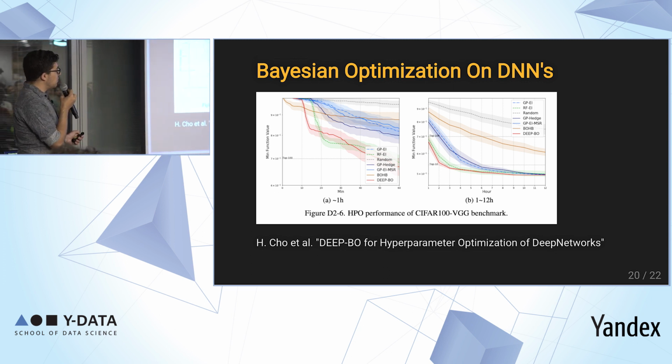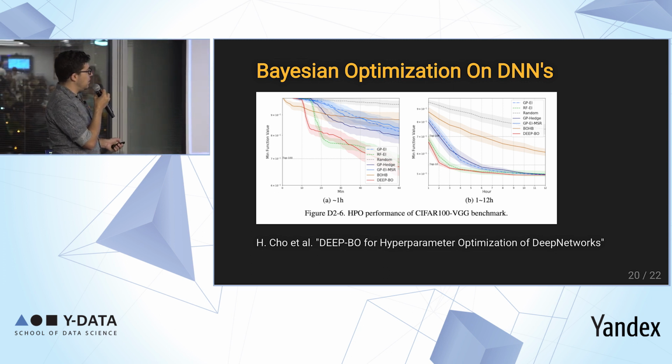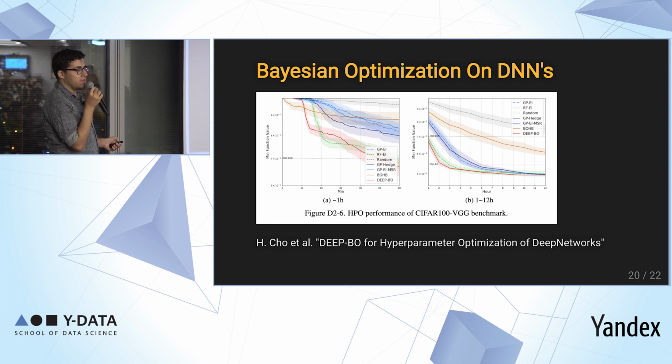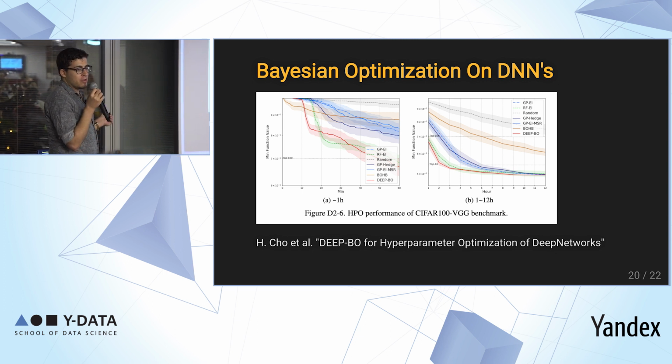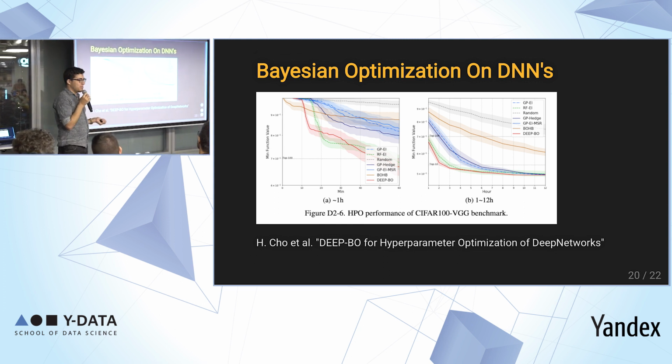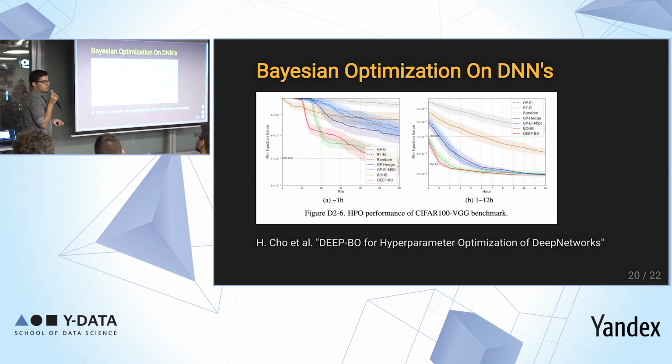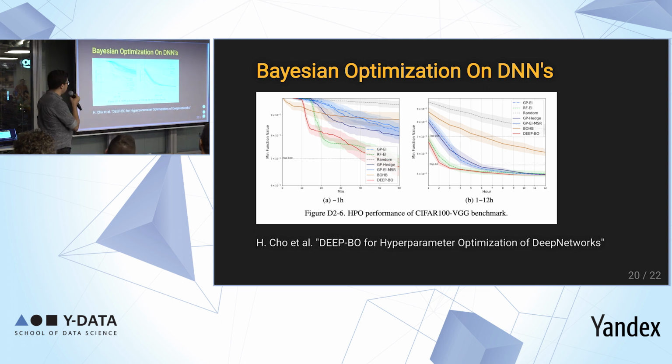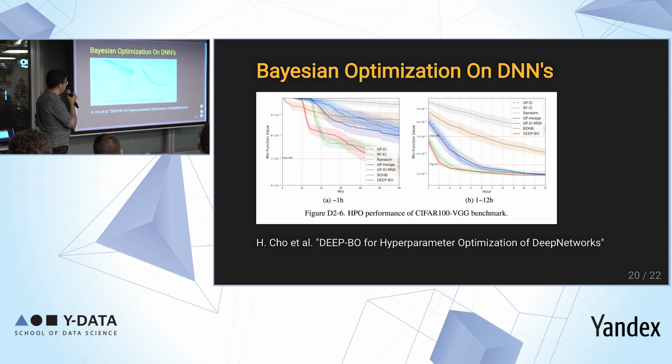And you can see a number of interesting things. The dotted gray line up here is just random. They didn't even mention grid search. I don't know how high up there it is. But even random, you can do a lot better than just randomly choosing hyperparameters. All the ones that start with GP over here are Gaussian process Bayesian optimization methods.